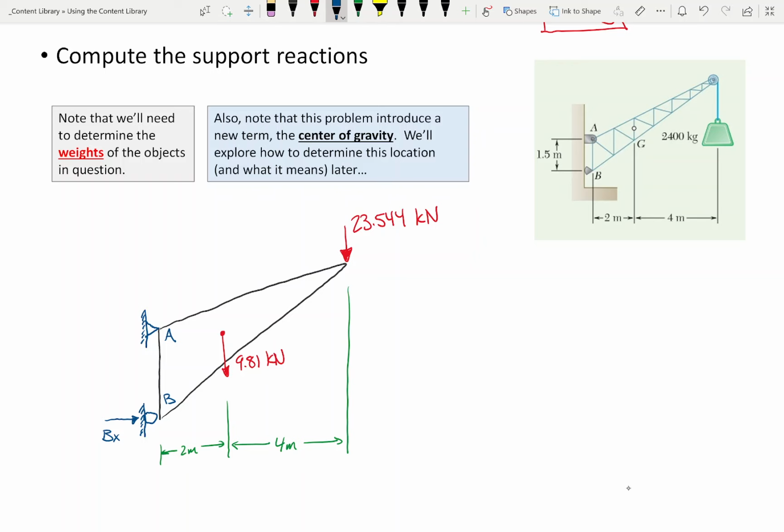And so what I'm going to do is sort of do that and that. And so we'll call this AY, call this AX. And don't forget that this dimension here is 1.5 meters.